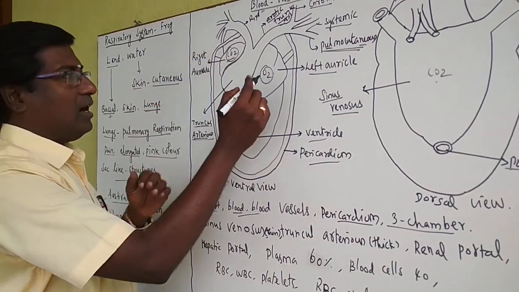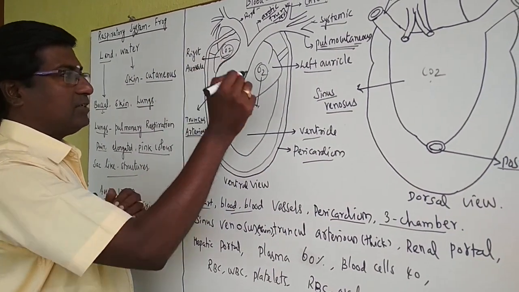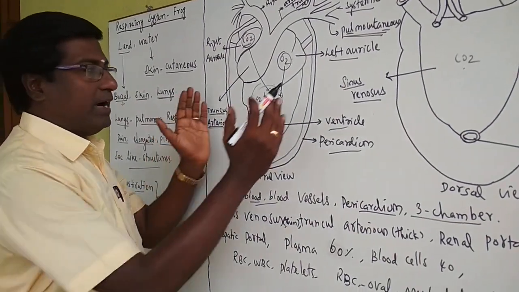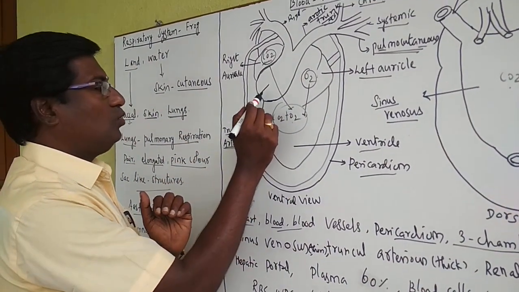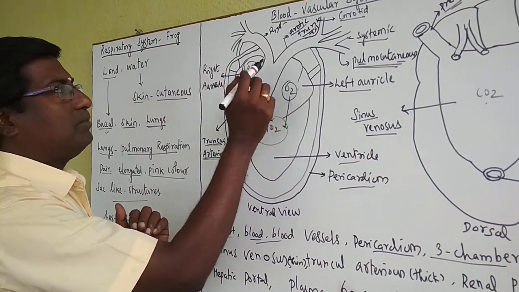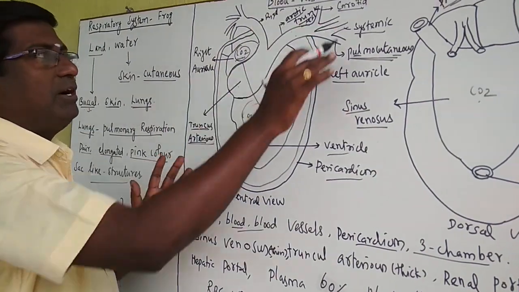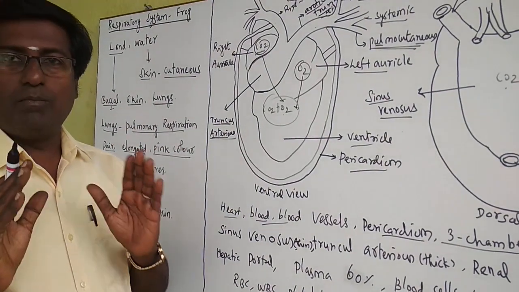When these two auricles contract, both oxygenated and carbon dioxide blood are mixed here. So whenever the ventricle contracts, the blood is moved to the truncus arteriosus and goes to all parts of the body by the right and left aortic trunks. So at that time, mixed blood only goes to all parts of the body of the frog.